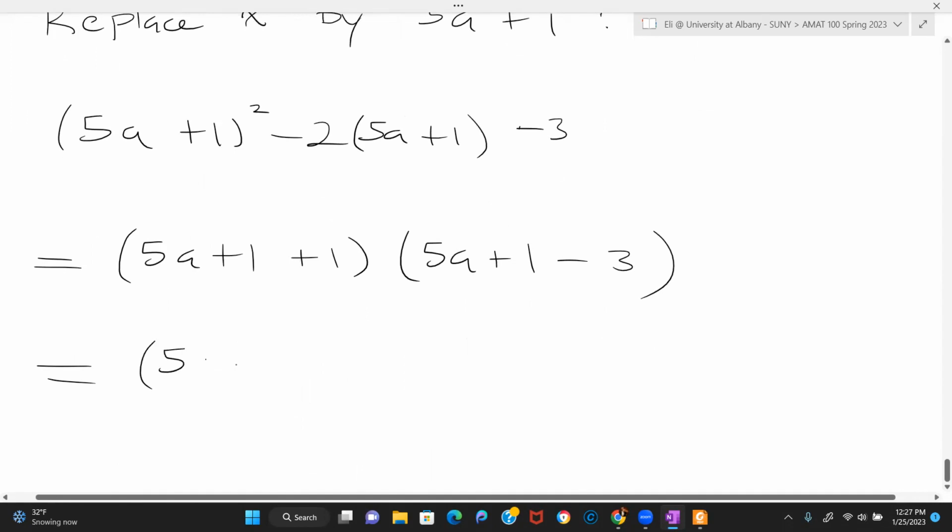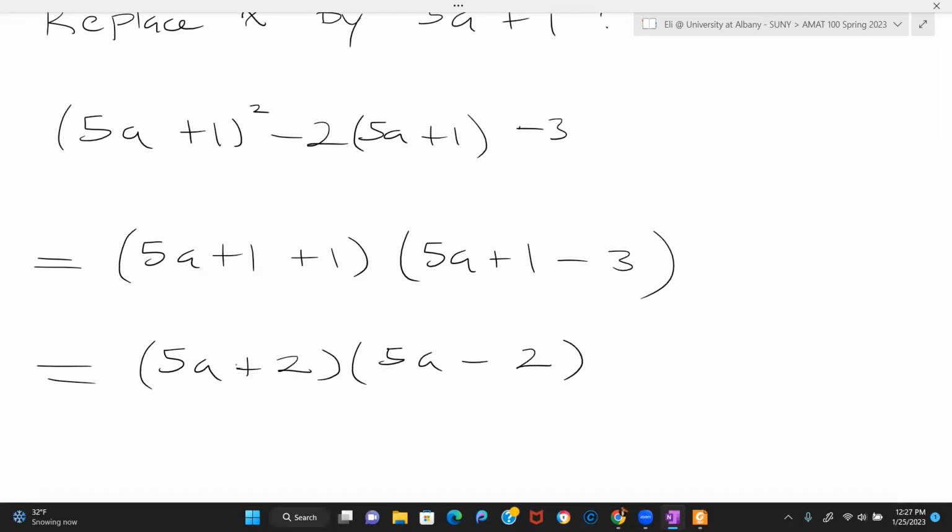So you get 5a plus 2, and then 5a minus 2. And if you FOIL, you'll see that you get this back. So this is the correct factorization.